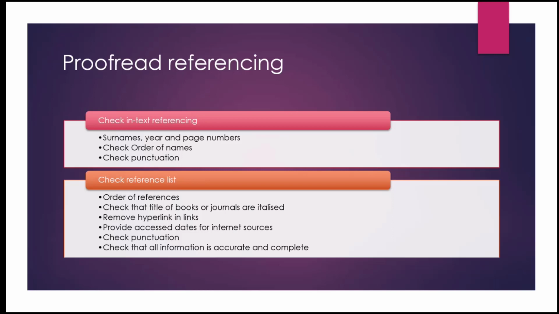So if it's the APA, inside parentheses, you use the ampersand, and outside parentheses, you use AND, right? So you have to be extremely careful when it comes to punctuation.